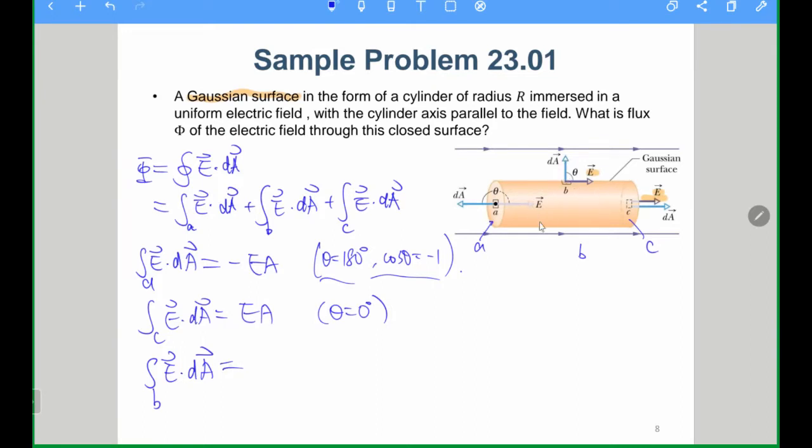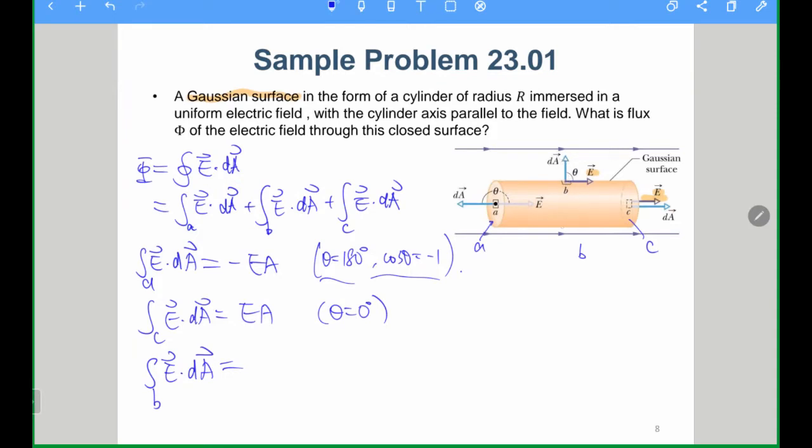Of course, this surface is not a plane, it is the side of a cylinder, but all the dA are perpendicular to surface B, and dA points in different directions at different points.